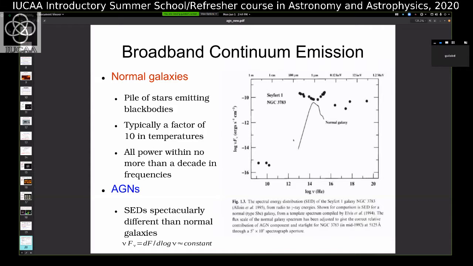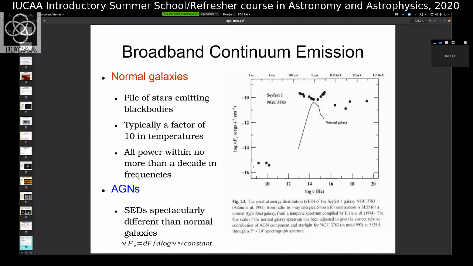Here you see the spectrum, the solid line, of a normal galaxy. The spectral energy distribution is confined from 10 to the power 13 hertz to about 10 to the power 16 hertz or so. The filled circles show the spectral energy distribution of a Seyfert galaxy.